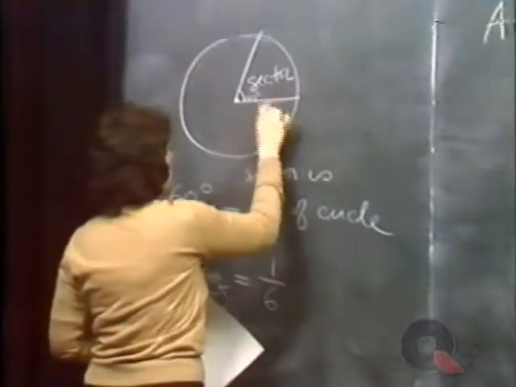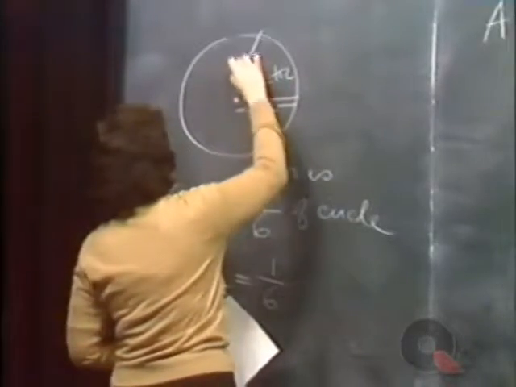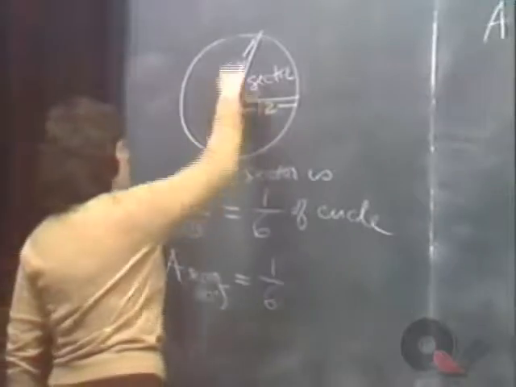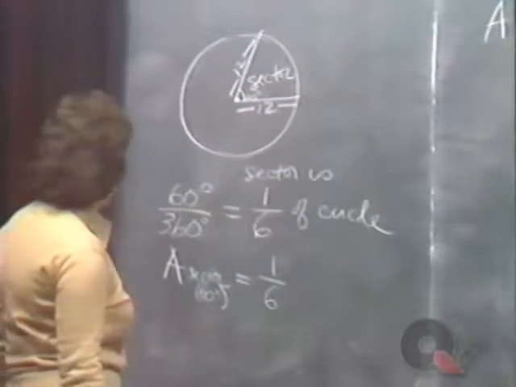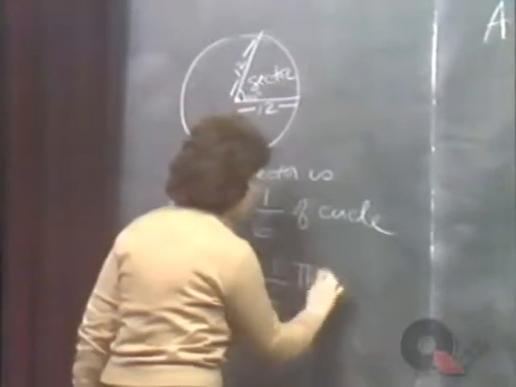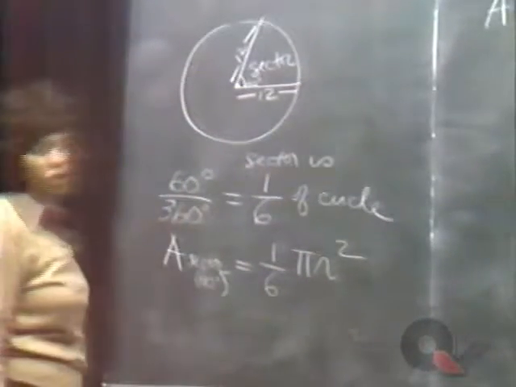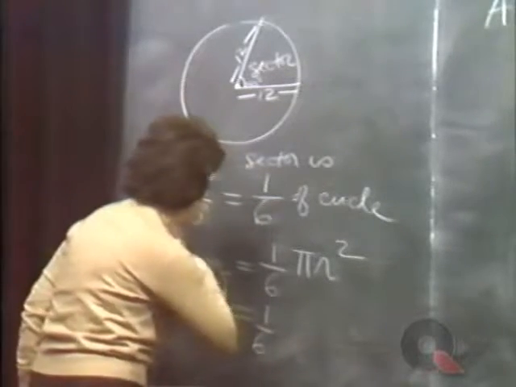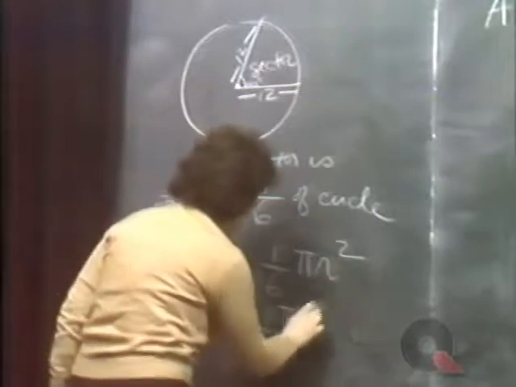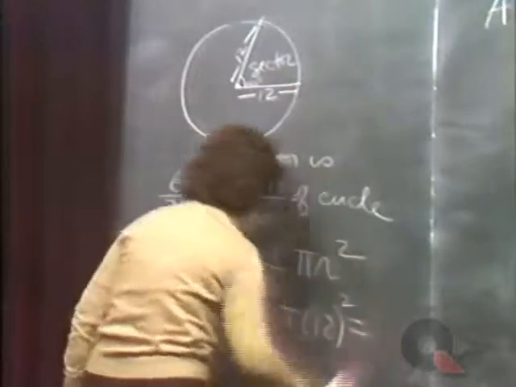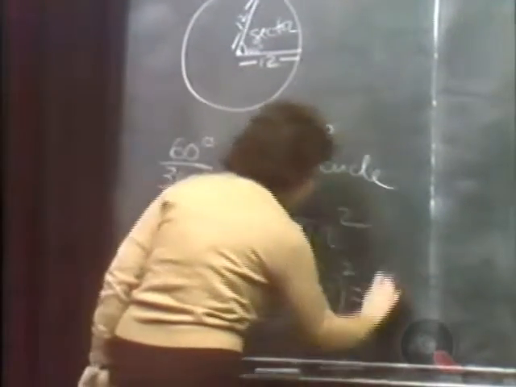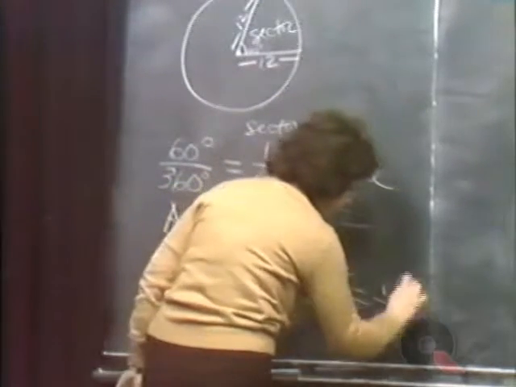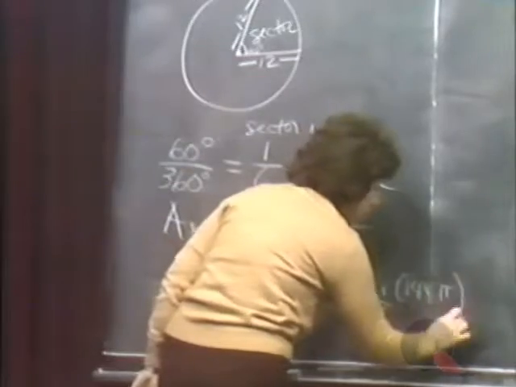Let's say the radius in this case is 12. Well, all the radii of a circle are equal. So if this is 12, that's 12 as well. The area of the sector is 1/6, in this case, the area of the entire circle, 1/6 pi r squared. That's 1/6 pi times 12 squared. 1/6 times pi times 12 times 12. 1/6 times 144 pi.